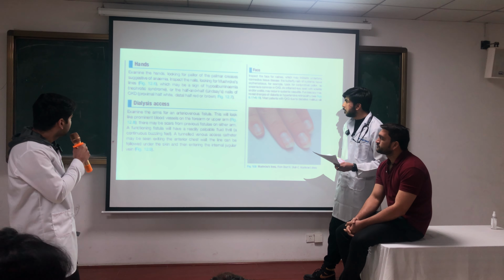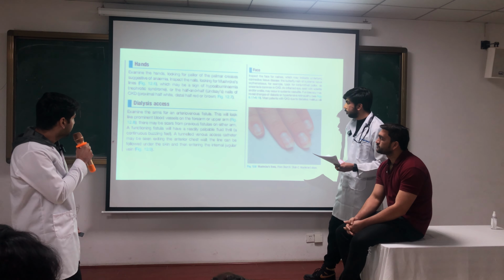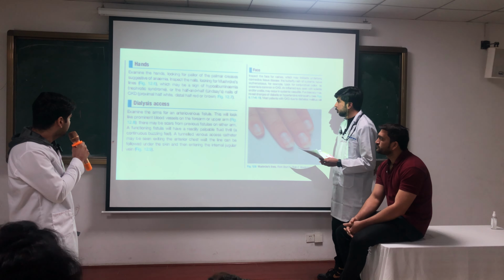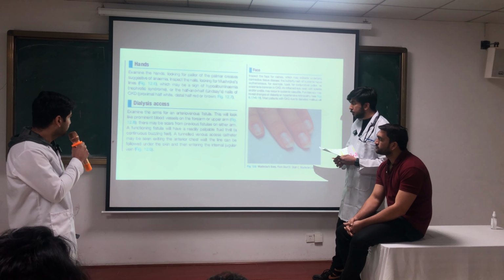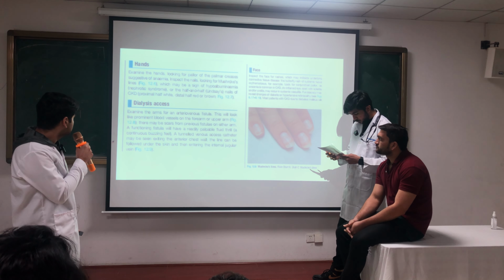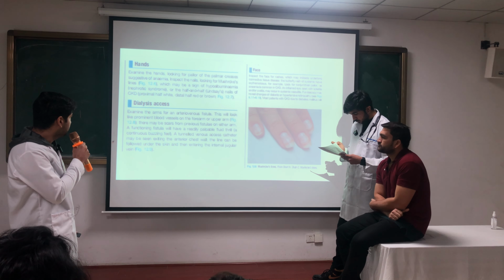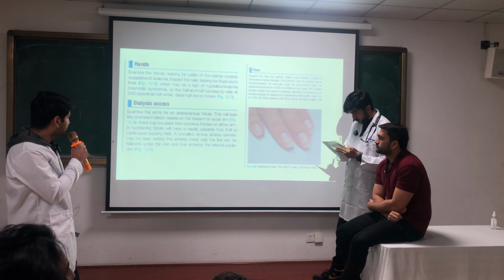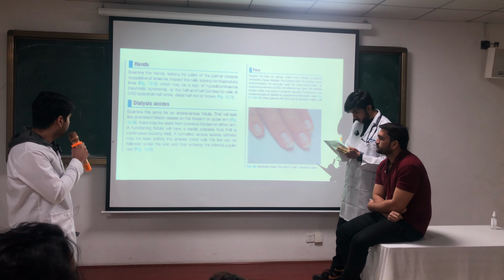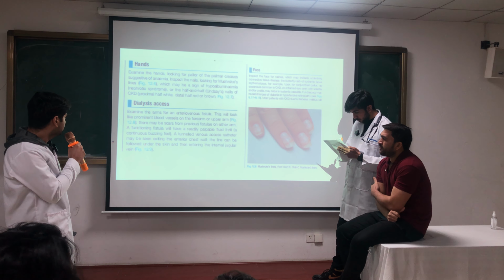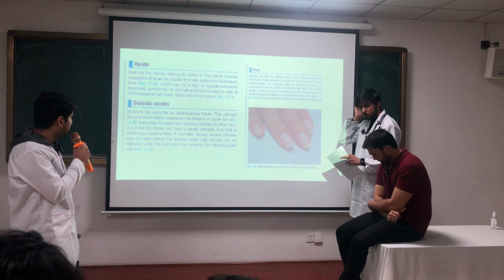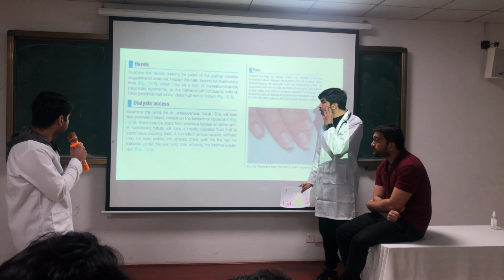Hand: examine the hand, look for pallor of the palmar creases suggestive of anemia. Inspect the nails, looking for Muehrcke's lines, which may be a sign of hypoalbuminemia, nephrotic syndrome. Look for half and half nails of CKD: proximal half white, distal half red or brown.